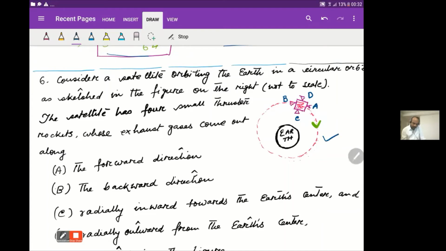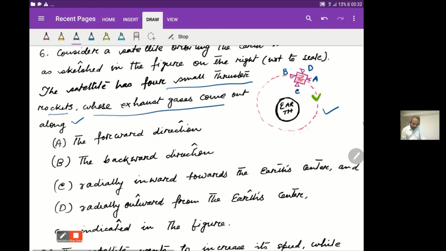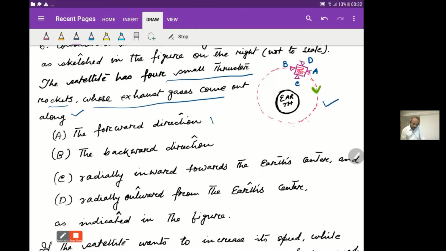The satellite has 4 small thruster rockets whose exhaust gases come out along the forward direction, the backward direction, radially inward towards the Earth center, and radially outward from the Earth center, as indicated in the figure.